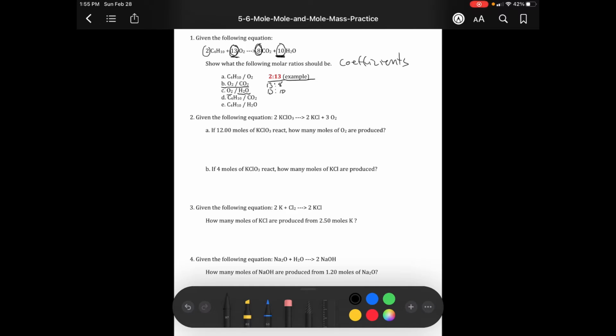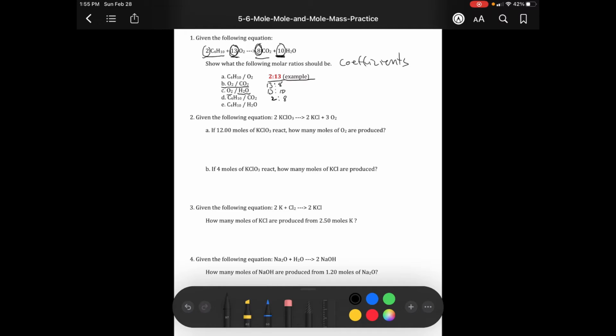Then we have C4H10 over here, which is going to be 2. We're just pulling out these molar ratios, these coefficients, and then compare that to CO2. On the product side, it's going to be 2 to 8. And you could actually simplify that if you wanted to, but we're not going to.